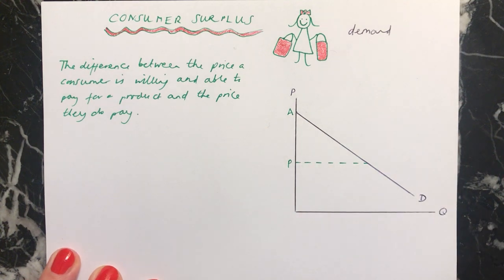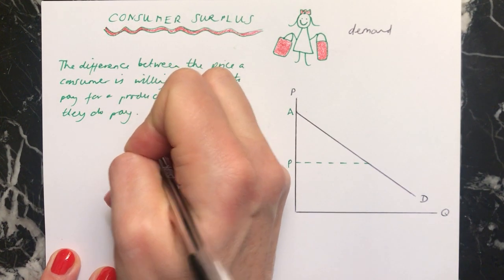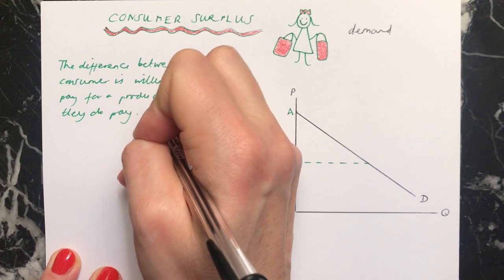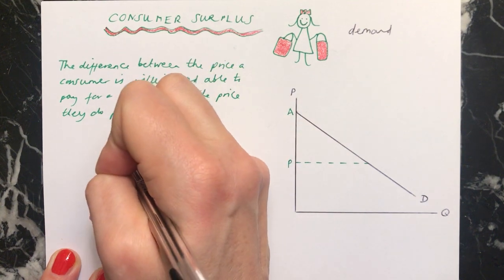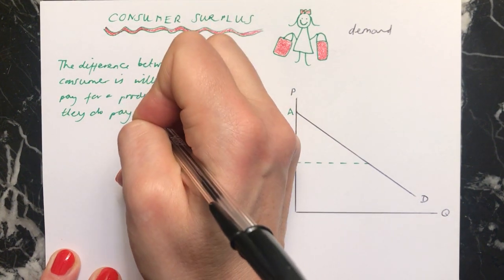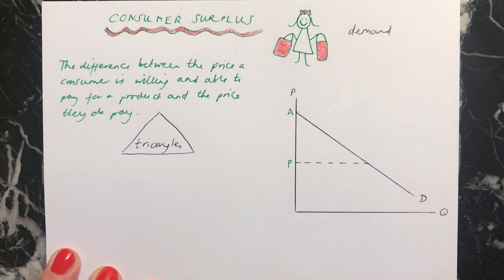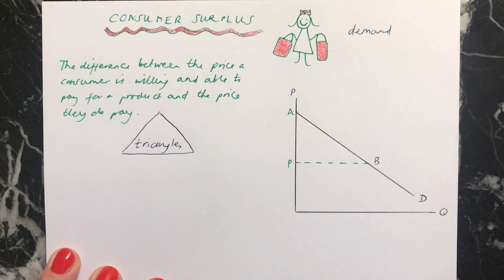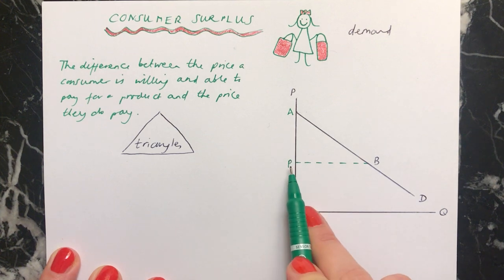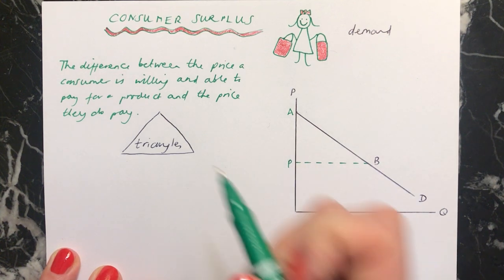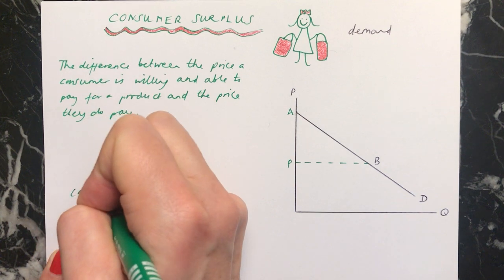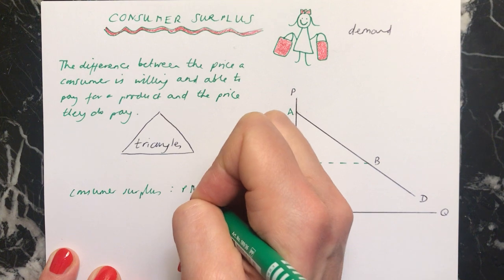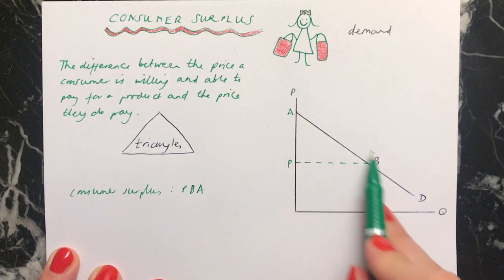And consumer surplus is always about triangles, and you can see in the diagram on the right that when we've put in the price that this person is paying, if we put in a B here, the area of the consumer surplus is PBA. PBA. You can say these in any order.